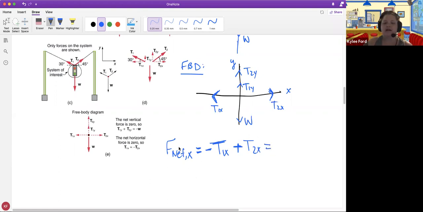Now, my net force is also equal to the mass times acceleration. Okay. But because our system isn't moving when compared to the last question we had, or the last example, we don't have any kind of acceleration. Okay, so our acceleration is actually 0 here, since everything is stationary.